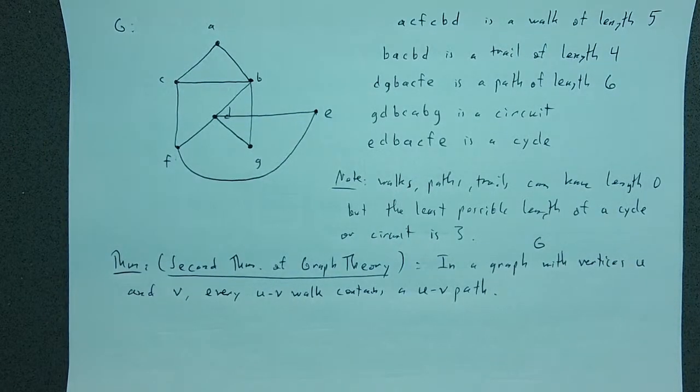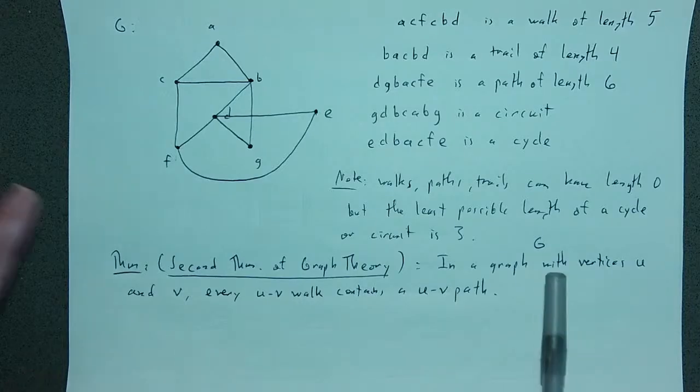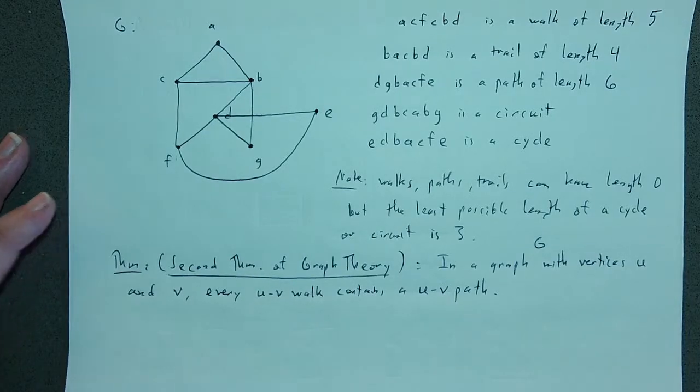Now, you might already be thinking about how you would algorithmically pick this. You could call it a more efficient walk, because you think to yourself, if something is a UV walk that's not a UV path, in some way that means there's some extraneous stuff that you're doing.